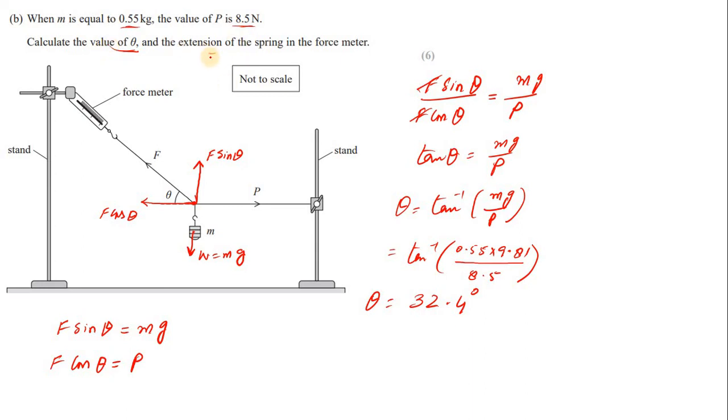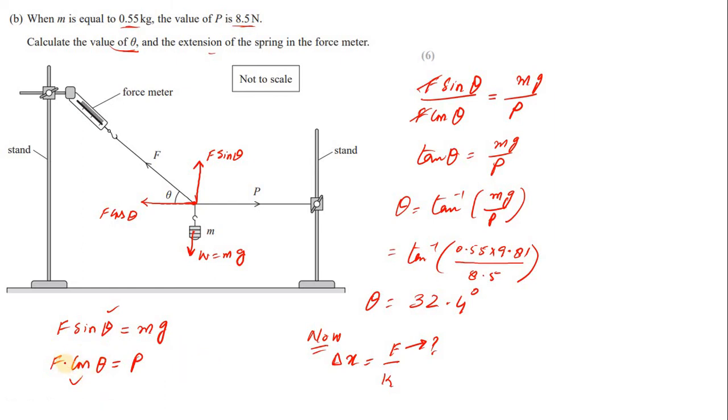Now find the extension. So you know that the new extension delta x, as per formula, would be equal to force F upon K. K we have found, but we do not have F. That means first we need to find force F. And how do we do that? You have found theta, so you can use either the sine theta equation or the cos theta equation to find F. It's your choice.